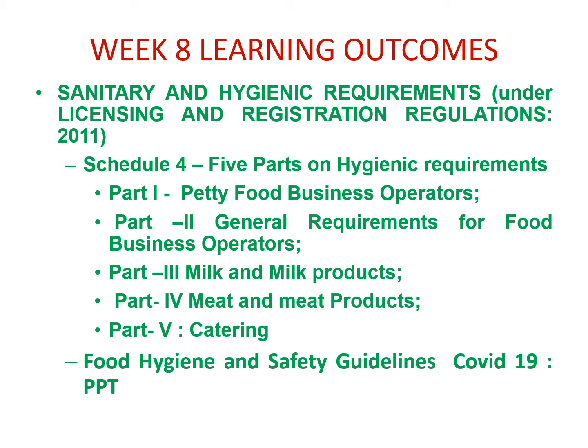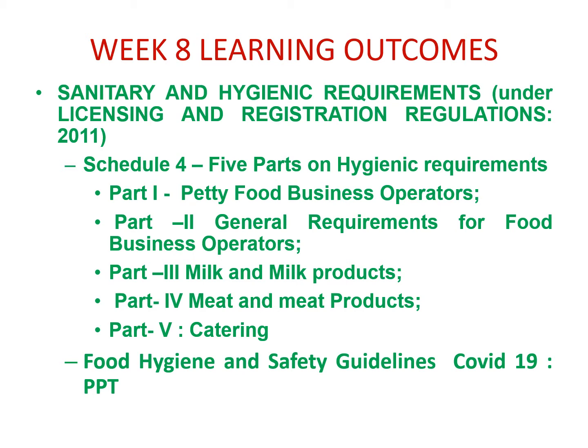You know that Schedule 4 has 5 parts. Part 1 is for the petty food business operators, part 2 is for the general requirements for food business operators, part 3 is for milk and milk products, part 4 is for meat and meat products, and part 5 is for catering. We also shared about COVID-19.